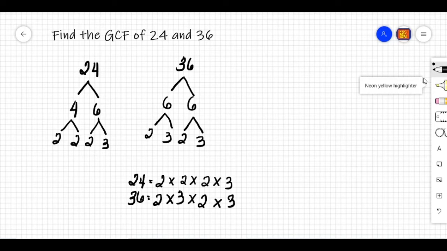Next step, we're going to multiply factors both numbers have in common. So for this case, we have 2, and then another 2, and also 3.